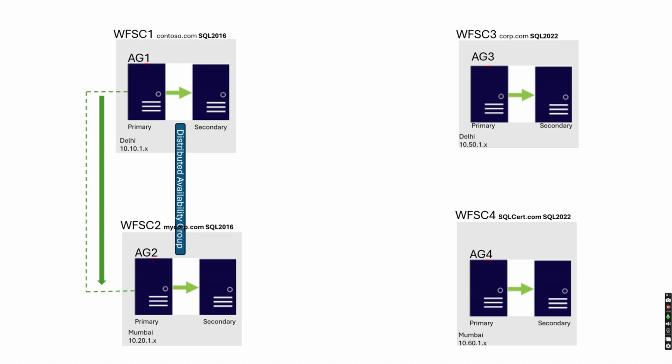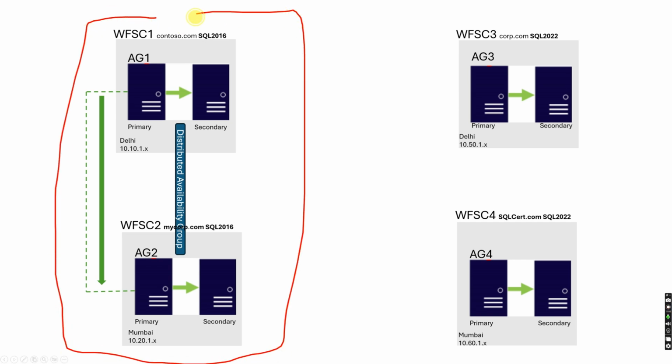If you have any questions or doubts, I highly recommend you go back and watch the video for 2016, where I configured distributed availability groups between two different domains. And one more thing, while configuring the 2016 servers, we used certificates and logins.